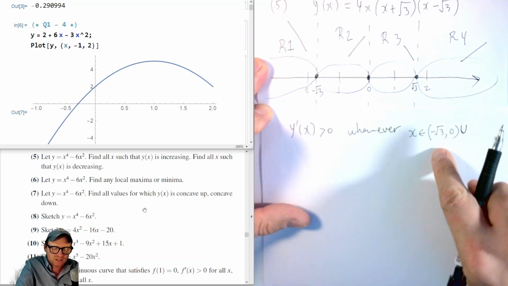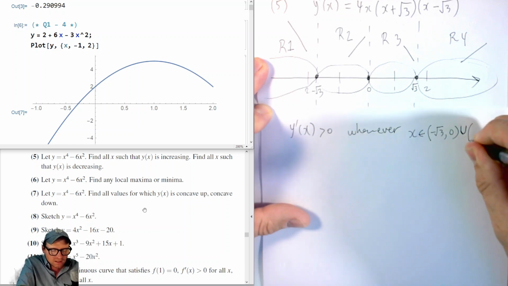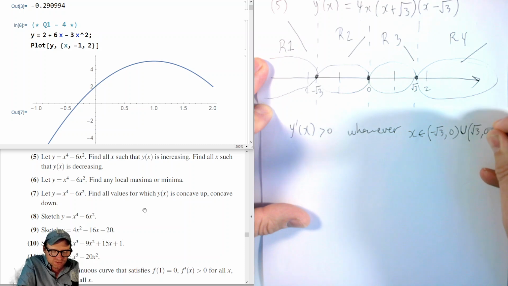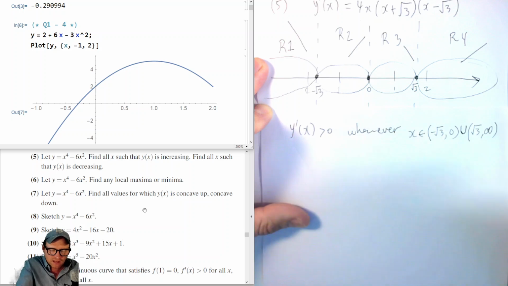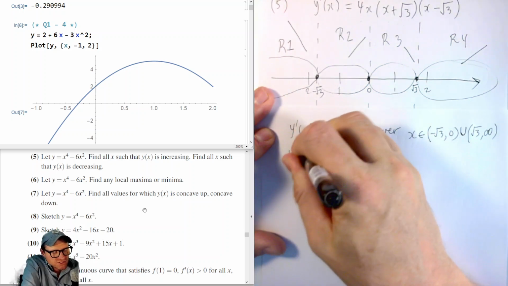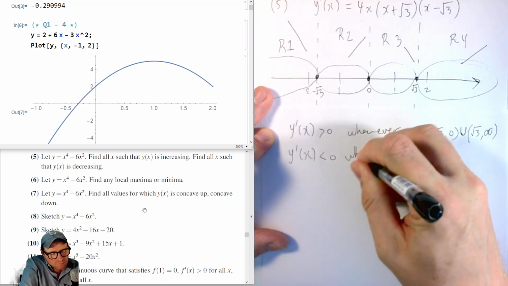This means we're gluing together the sets: x is in this set or x is in this set. On the other side, this is root 3 to infinity, with a round bracket, because we don't include those endpoints themselves.